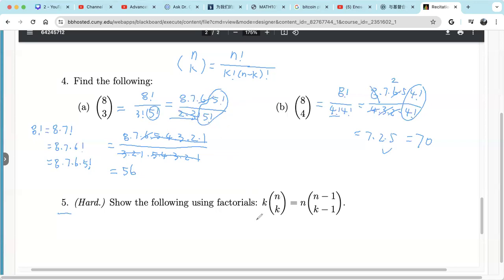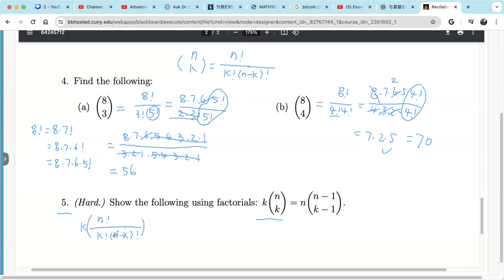So the left-hand side is k times n factorial divided by k factorial times n minus k factorial, right, by definition.